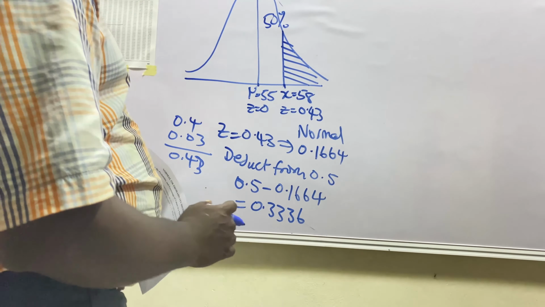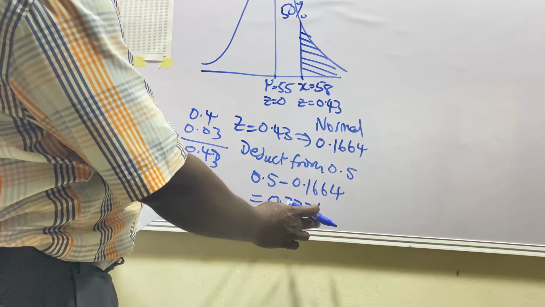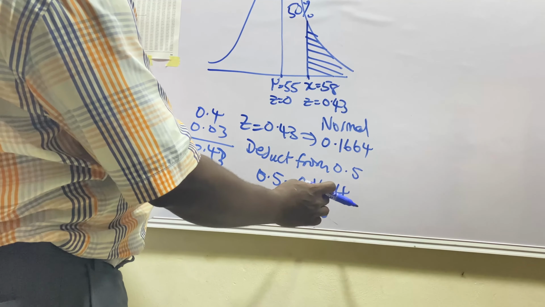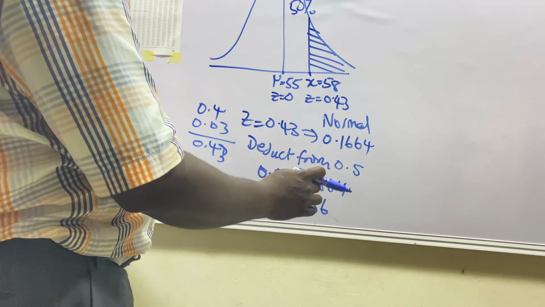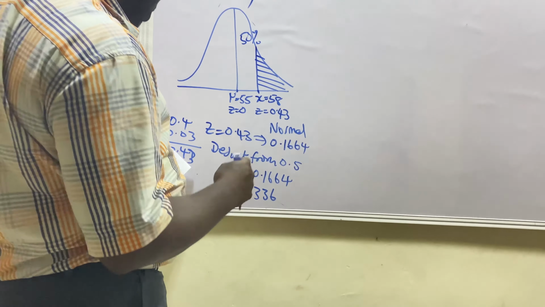That's like 33.36%. So this is the answer of finding the probability of scoring from 58 and above. Now let's check from our normal table.